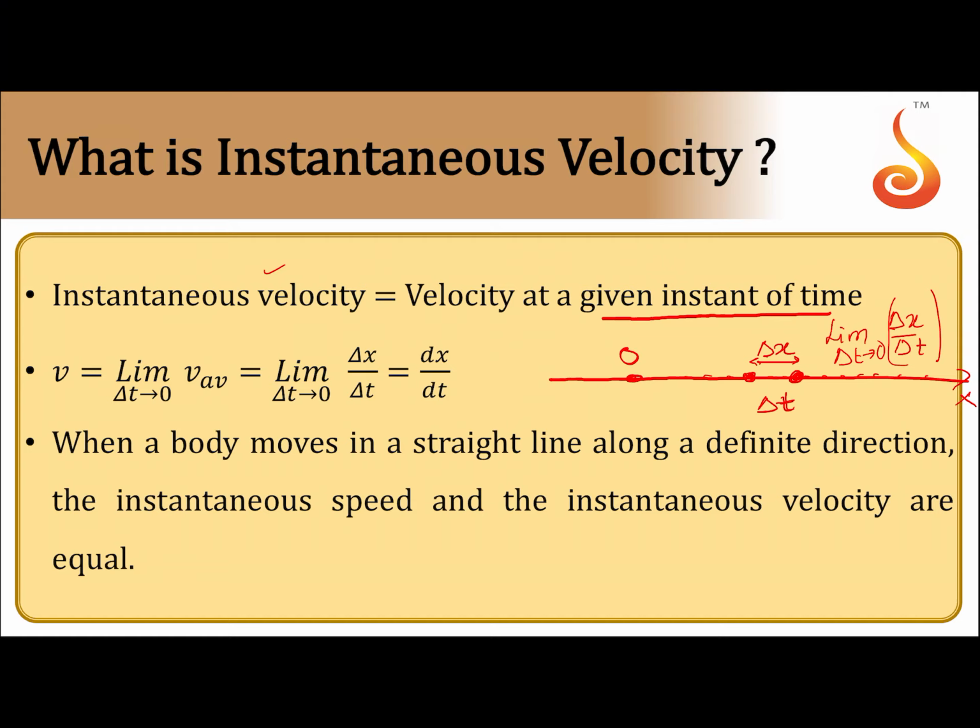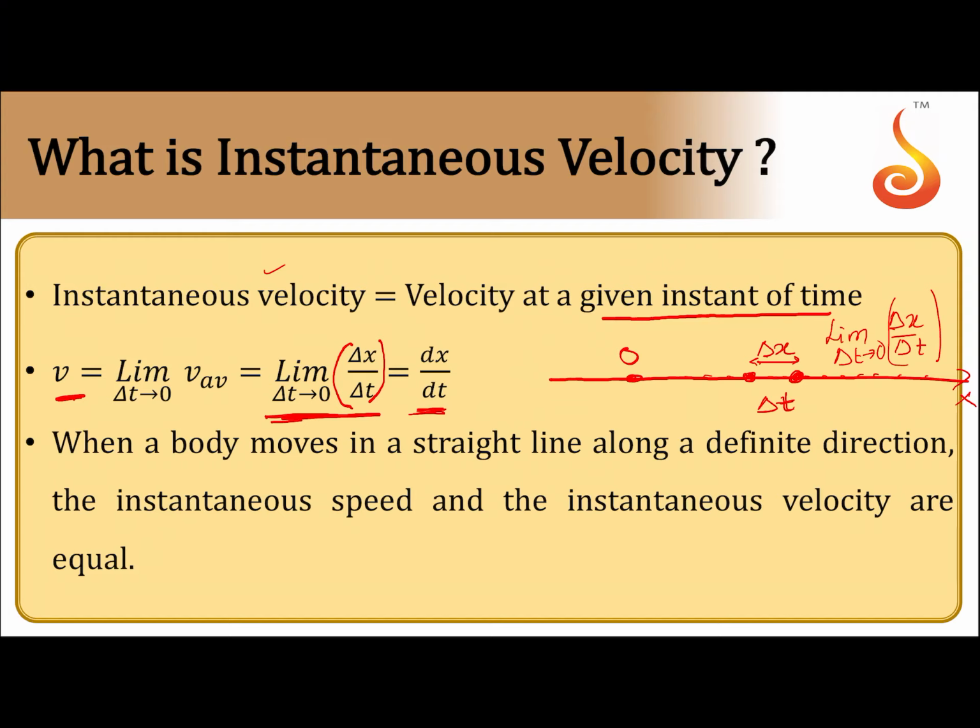It is so small that over that small interval of time, the velocity can be assumed to be constant. So, we can say that over these extremely short intervals of time, there is a stepwise variation of velocity, not a continuous variation of velocity. Thus, we can write the instantaneous velocity as limit of delta x by delta t as delta t tends to 0, which is mathematically written in the language of calculus as dx by dt.